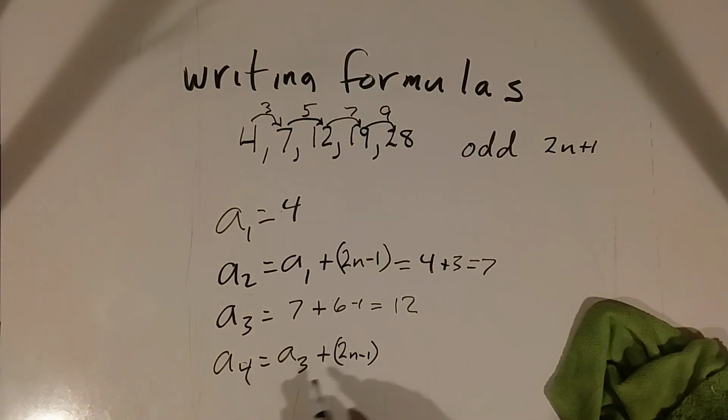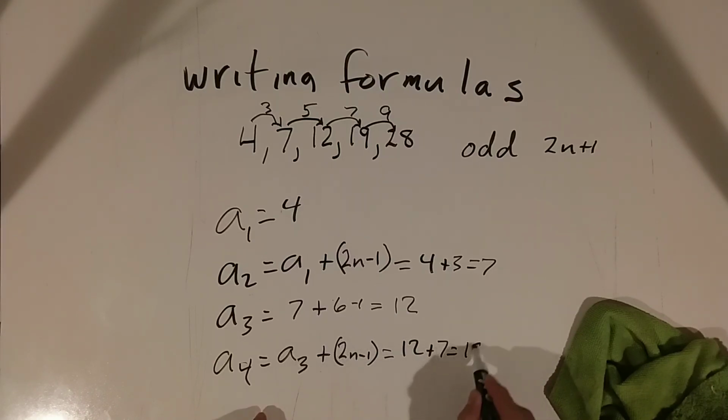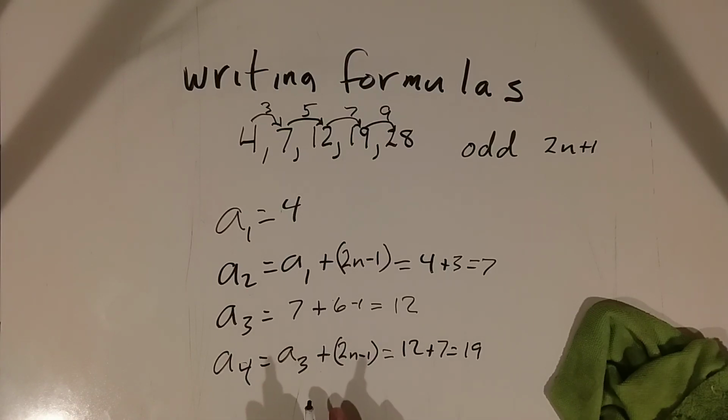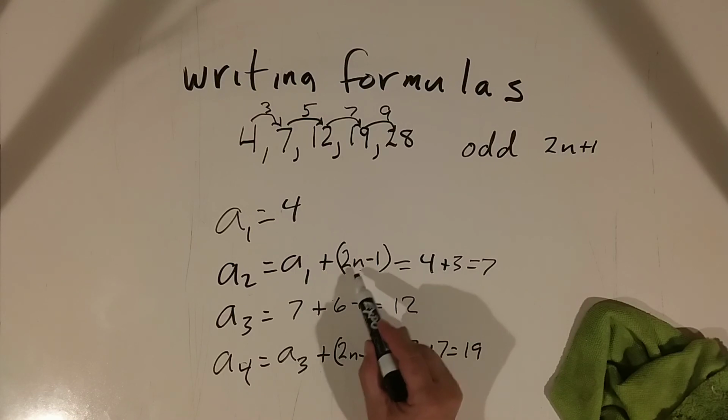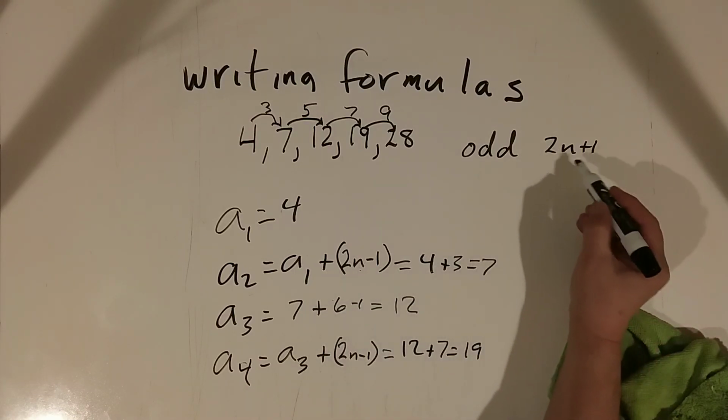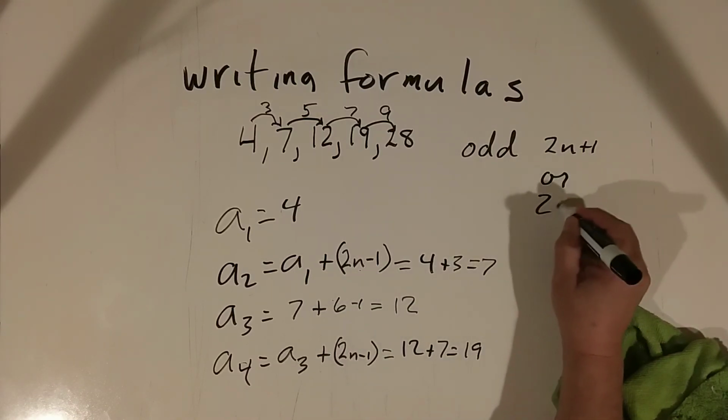So that could be 12 plus 2 times 4 minus 1 is 7, and that's 19. Okay, we were able to finally figure out how to use a recursive formula by adding odd numbers. Odd numbers are 2n plus 1, or it can be 2n minus 1.